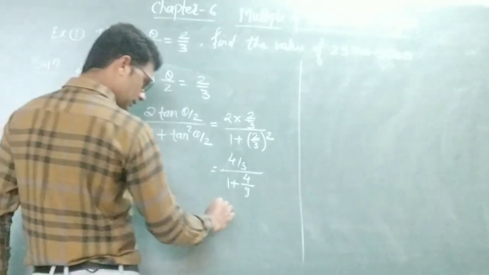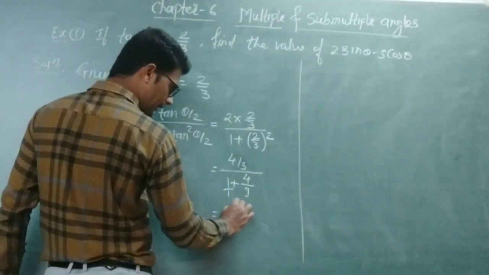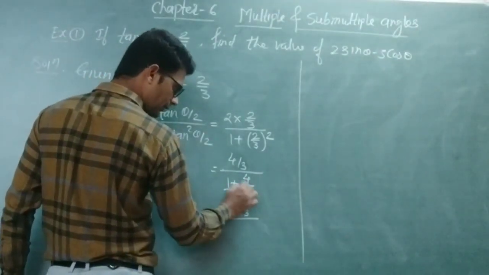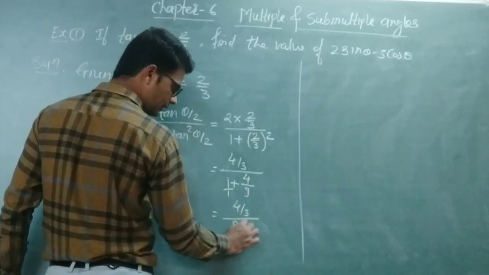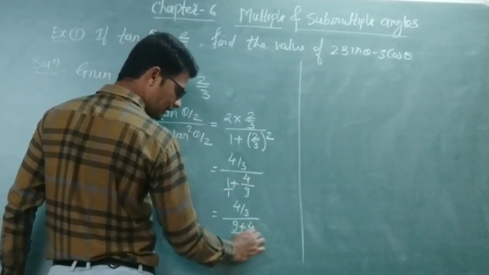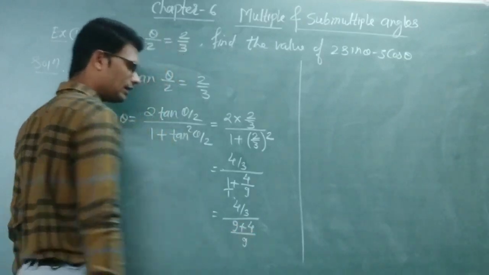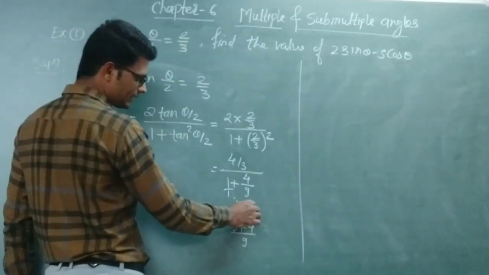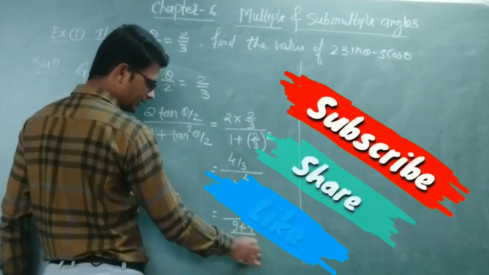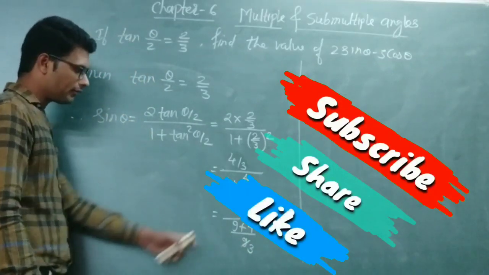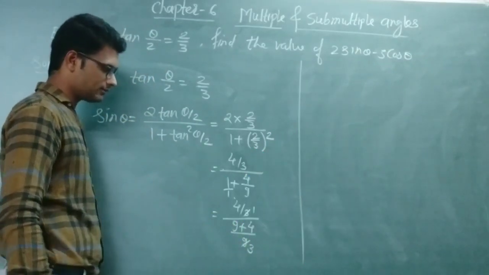Now if you cross multiply, what you will get here? You will get 9 ones are 9 plus 4 ones are 4 divided by 9 ones are 9. Now divide this, 3 ones are 3 and 3 threes are 9. You can divide this term with this term.